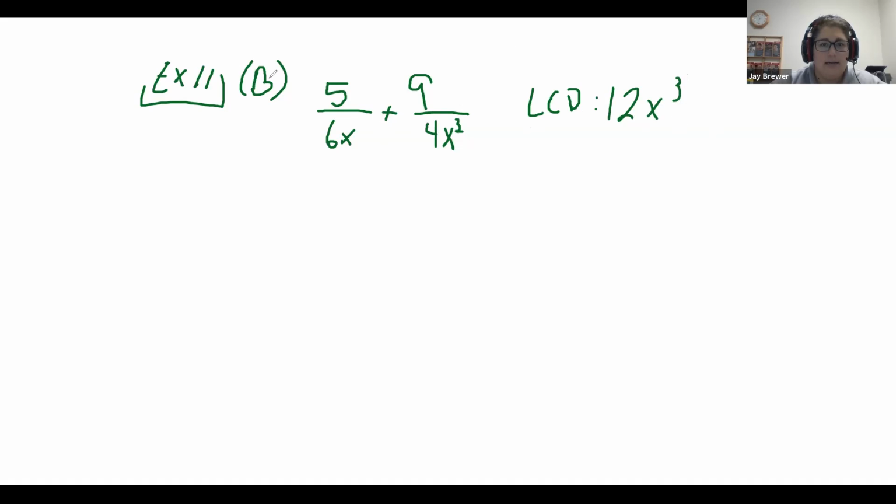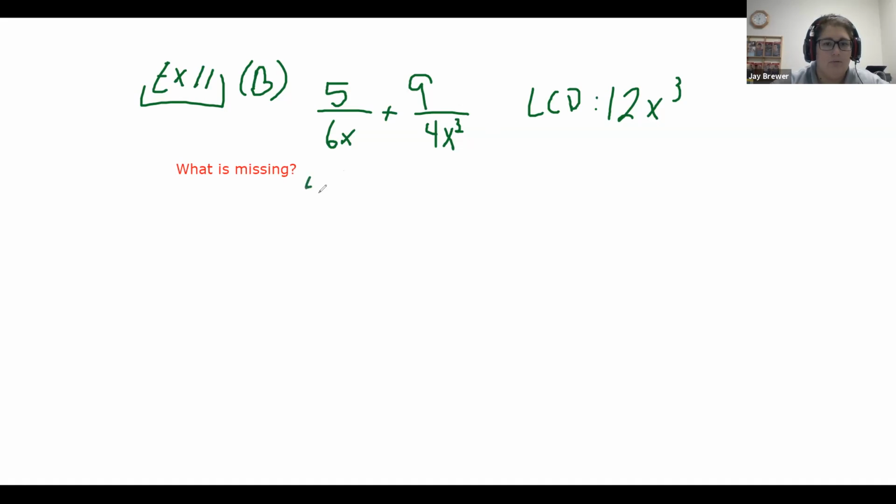So what you're going to ask yourself next is, what is missing? So to answer that question, you're going to look at 6x and compare it to 12x cubed. What do you need so that those are the same? Like, what piece of that common denominator are you missing that you don't have for the first fraction?